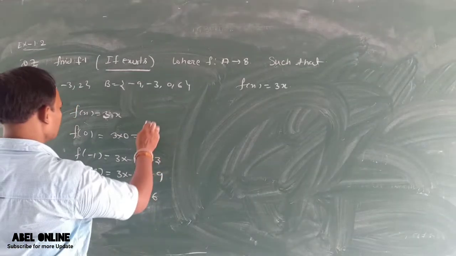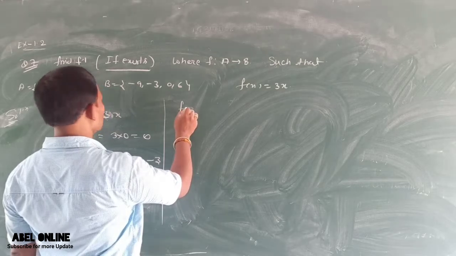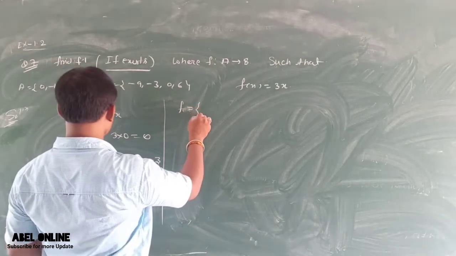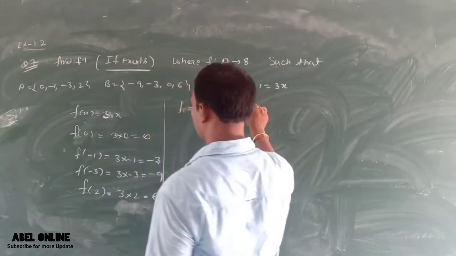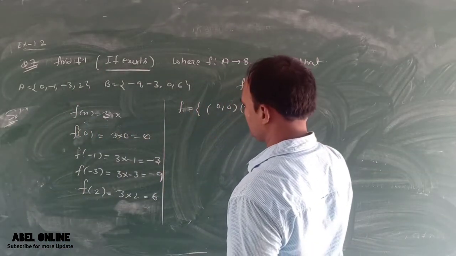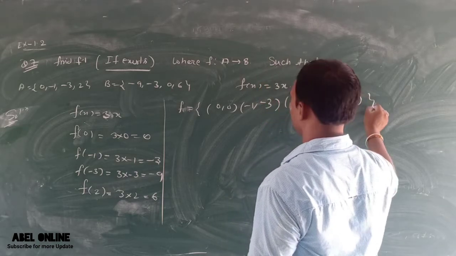So the elements are (0, 0), (-1, -3), (-3, -9) and (2, 6).